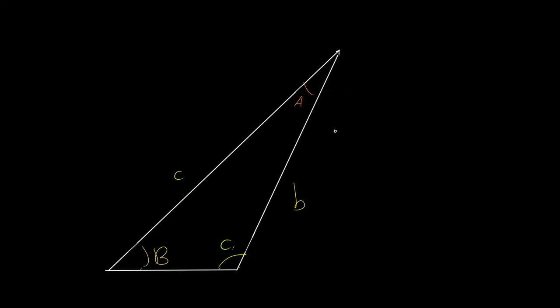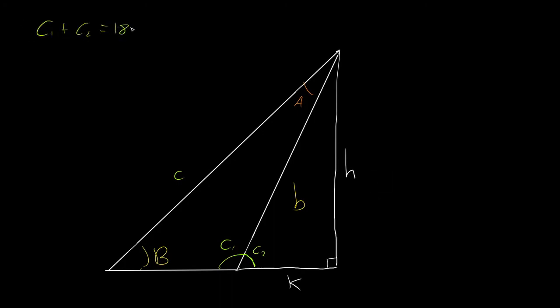So we're going to turn this into a right angle triangle. So let's have a line here. Let's call that h. And this unknown region, we're going to call this k. Something important here. Now we have an extra angle here. It's an extension of C1. We're going to call it C2. If you add C1 and C2, you get 180 degrees.